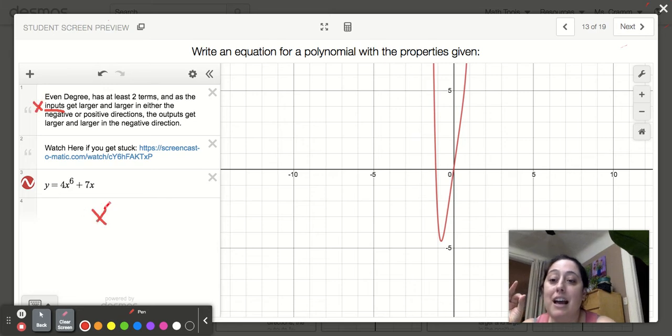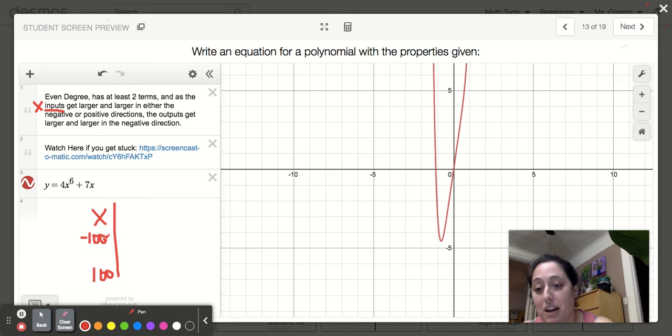So if I've got an x value that's a big number in the negative direction, negative 100, or a big number in the positive direction, positive 100, I'm just picking those numbers because they're big. The outputs, or the y values, get larger and larger in the negative direction. So both of the y values are going to get larger and larger in the negative direction.